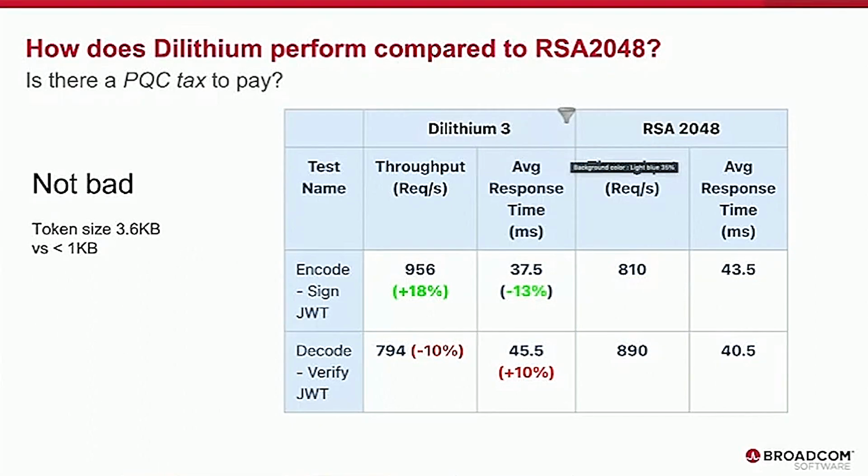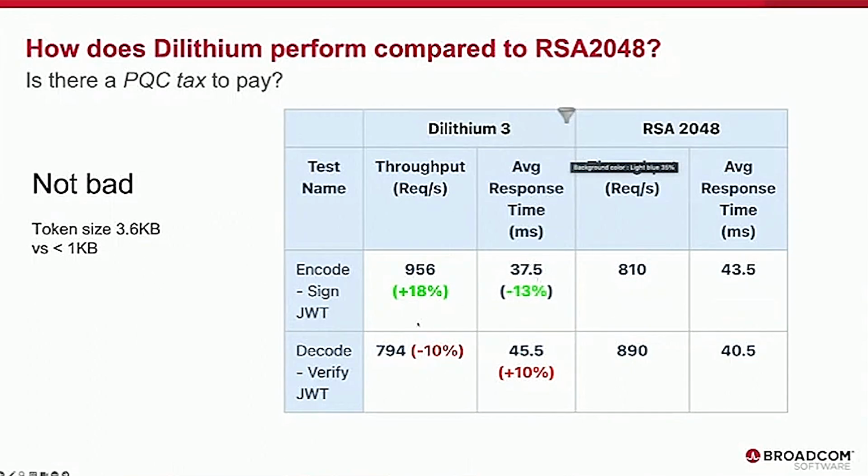Like the biggest thing at this point in these initial tests that we're seeing changing is the size of the token itself, but it's still a very manageable token size for most applications. We did a comparison of the signing of the token. It's actually a little bit faster.